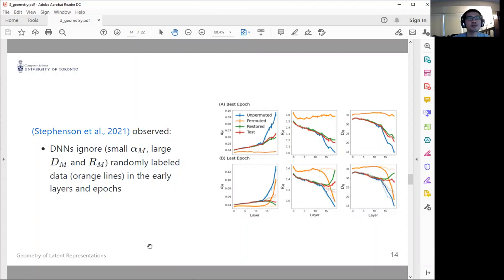They computed the unpermuted and permuted results to test several settings of the data, and they found that the randomly labeled data, represented as the orange lines, perform very differently from the other lines. They use some off-the-shelf tools to estimate alpha, D, and R during the training process.